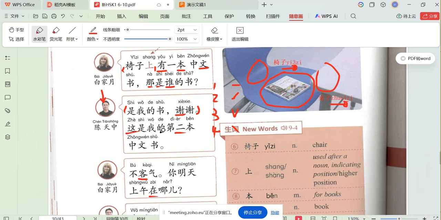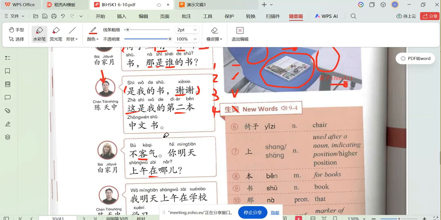这是我的第二本中文书。中文书。This is my second Chinese book. As I told you, for second, we should say 二. We don't say 两. So if we say there are two books on the chair, how can we say that?